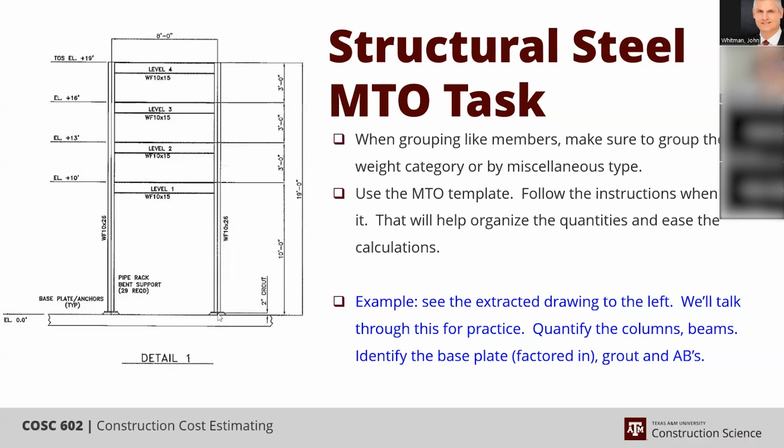I don't. On the other hand, we typically don't take off this base plate and the angle iron connections that are going to be in this webbing connection right here. We normally don't take those off either. What we do is take off all the major members that are defined by the drawings, and then we add connection allowances.